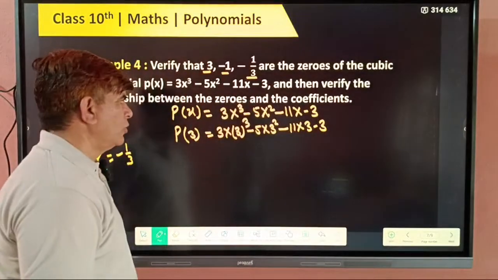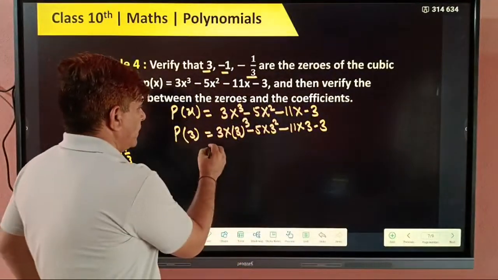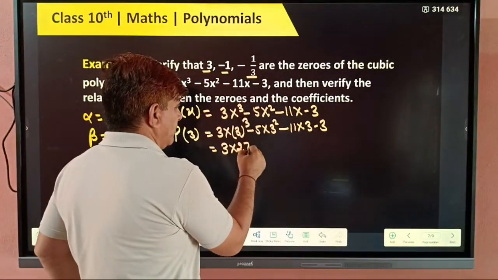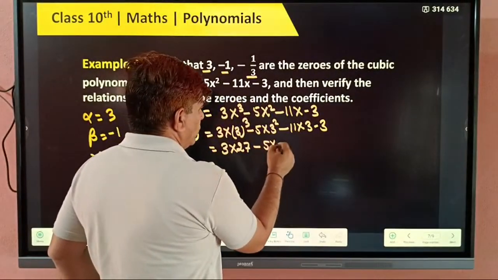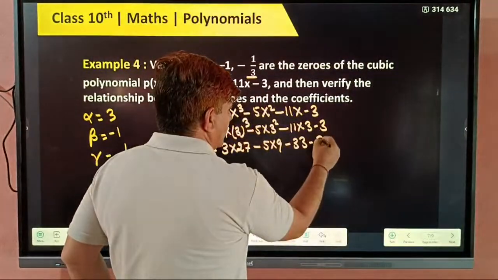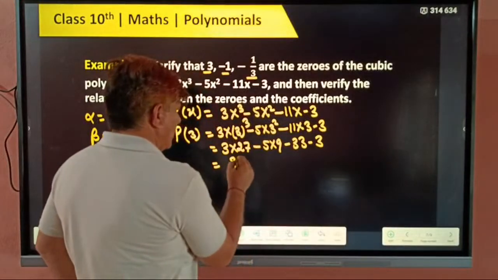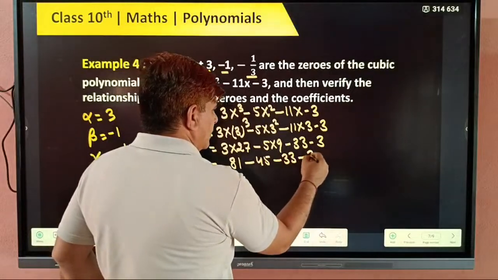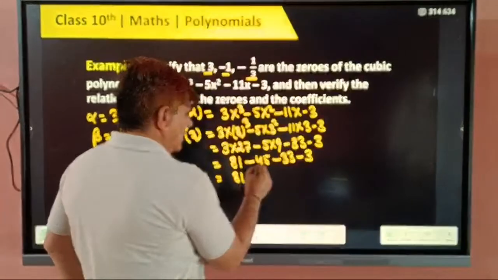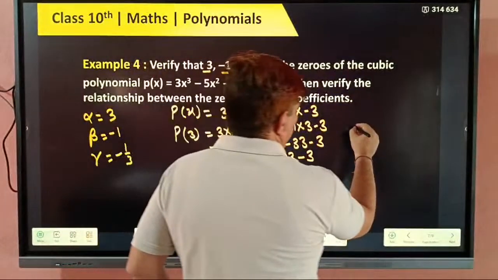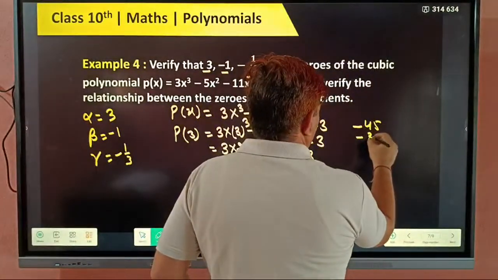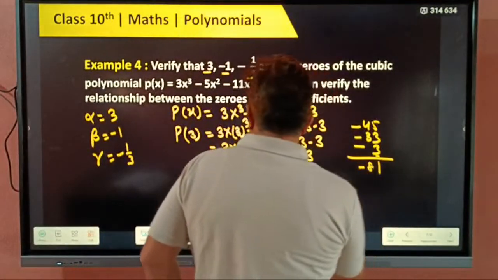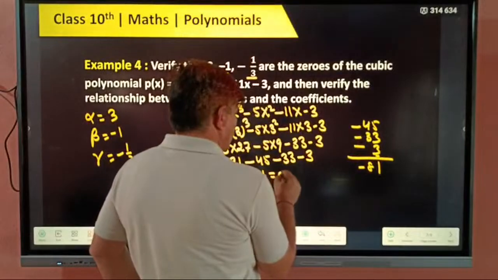If this is equal to 0, it means 3 is a zero of it. 3 threes are 9, 9 threes are 27, minus 5 into 9, minus 33, minus 3. How much? 81, minus 45 minus 33 minus 3. Adding minus 45, minus 33, minus 3, how much? 81. So 81 minus 81 equal to 0.